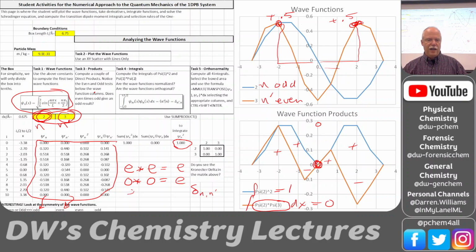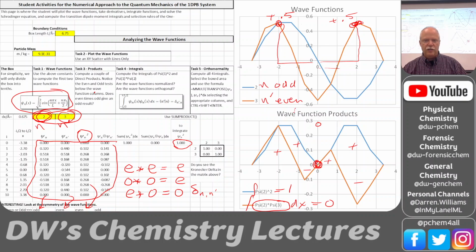And then if I had an even times an odd, what do I get? Well, I have an even represented by a plus 1, odd represented by minus 1. What's the result? Minus 1, odd. So that'll be odd. So here we have this psi n squared. We have an odd function times an odd function. It should be even, and it is. We can see here this psi 2, 3.